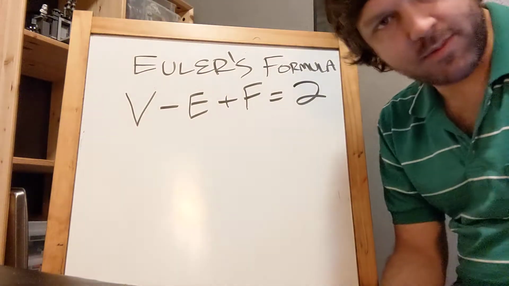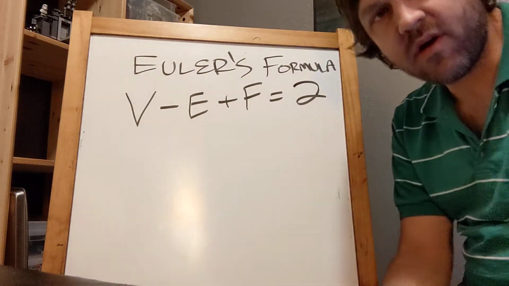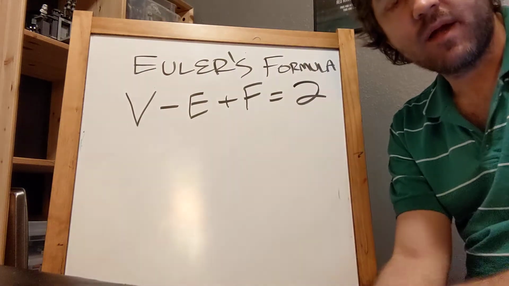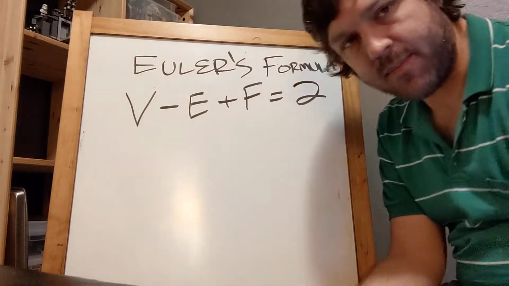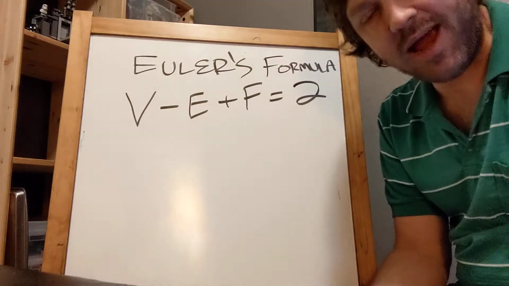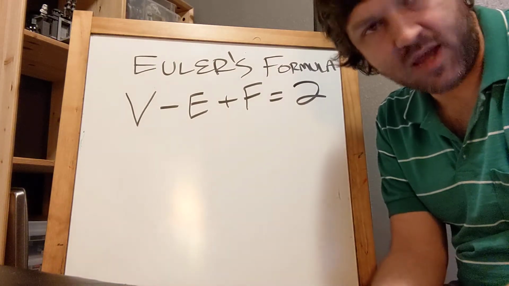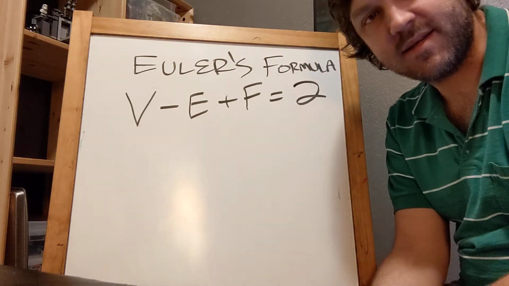Euler's formula is a test to determine whether or not something is a polyhedron. If you remember, a polyhedron is a shape that is made of straight line segments. Earlier I didn't say that there were certain kinds of shapes made of line segments that weren't polyhedrons, but there are.